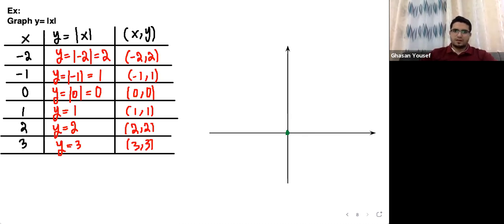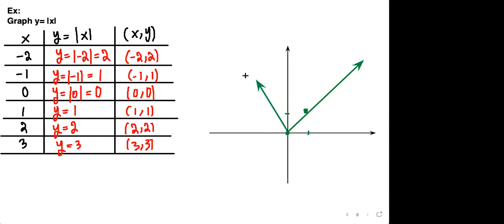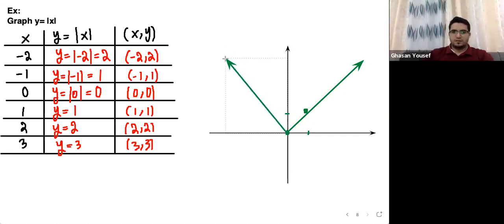Now down is 1 and 1. So this is 1 and this is 1. So the point is like around here. Same thing at 2 is 2 and 2. So if I'm looking at this graph, the graph would be something like this. So this is the graph of this function, like the V shape.